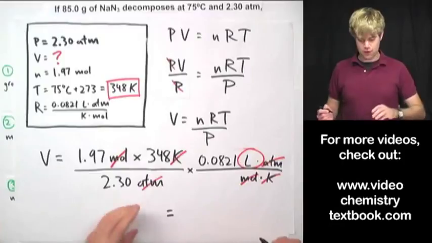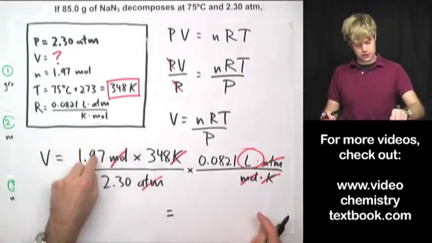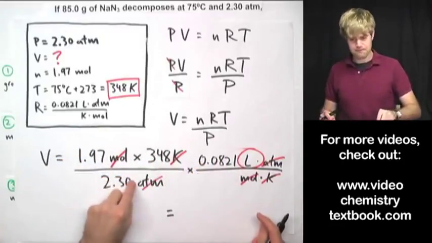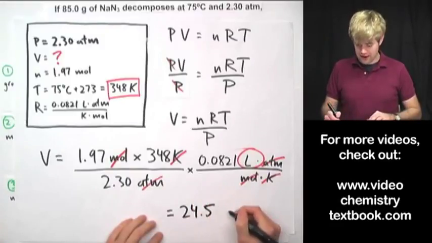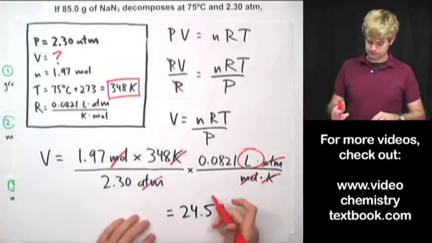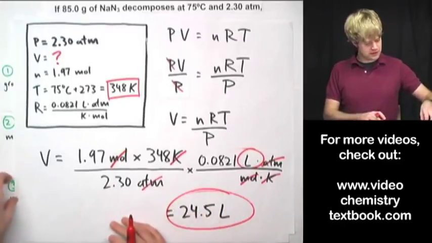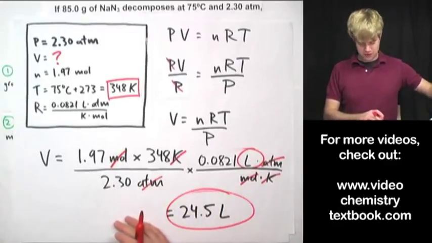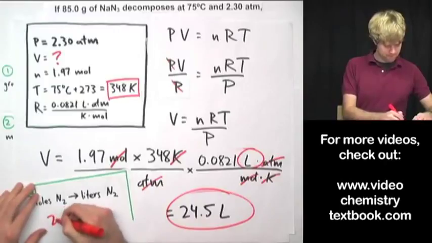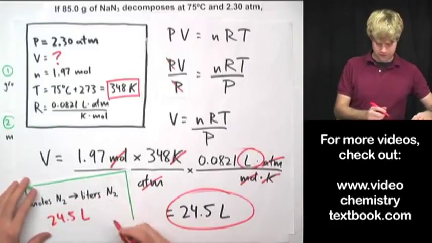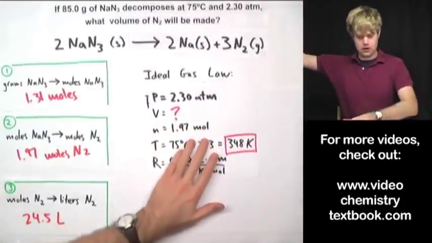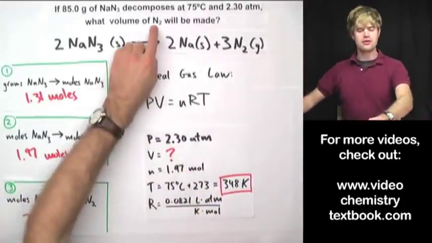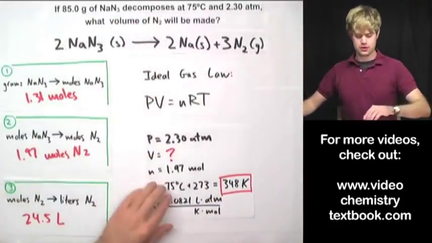And the answer that I get, rounded to 3 significant figures, is 24.5 liters. For my step 3 here, 24.5 liters is my final answer for the volume of N2 that will be made through this equation.